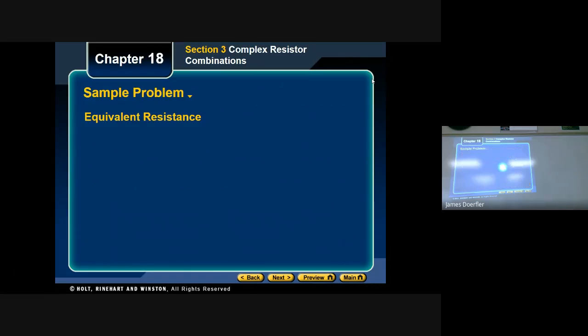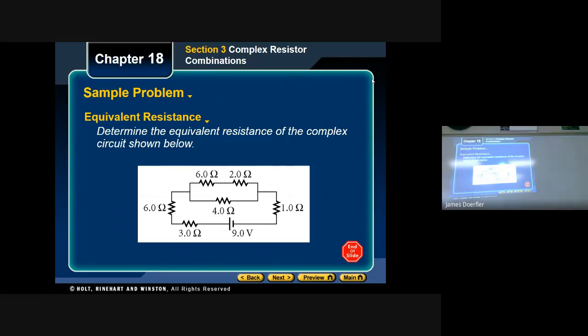Now, we have a complex diagram like this, where we have series and parallel elements together. How do we solve the equivalent resistance of this complex circuitry? One of the easiest things we're going to do is make this setup more linear in appearance.